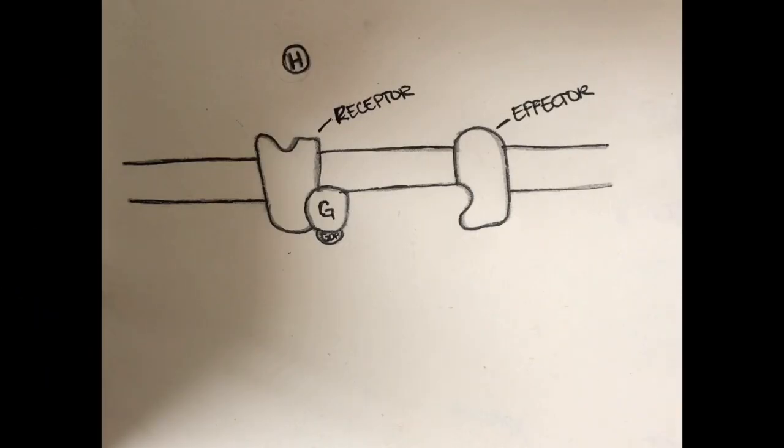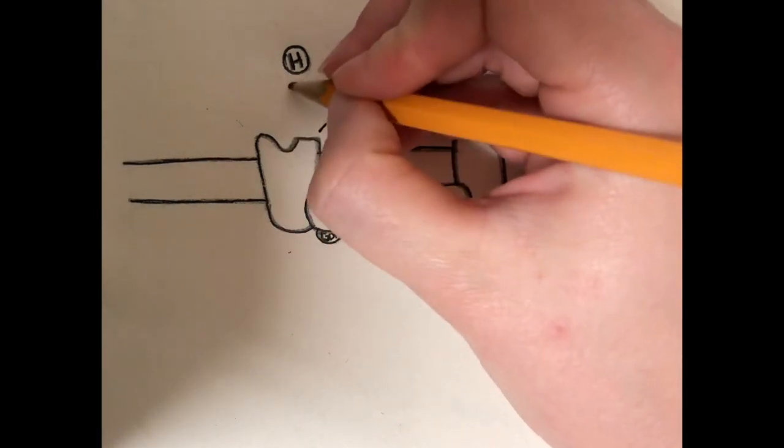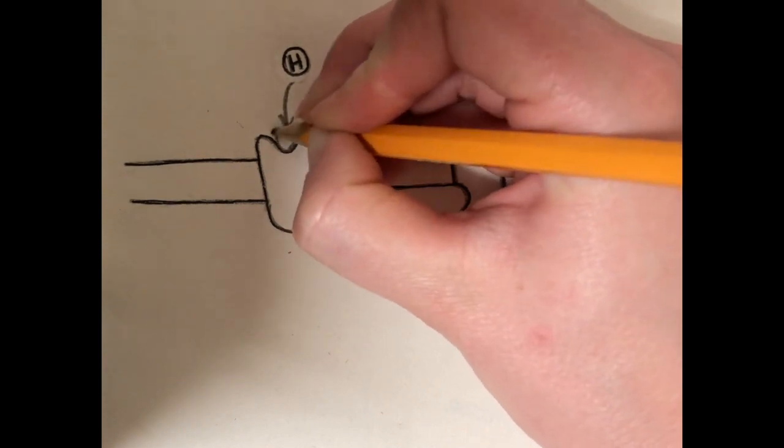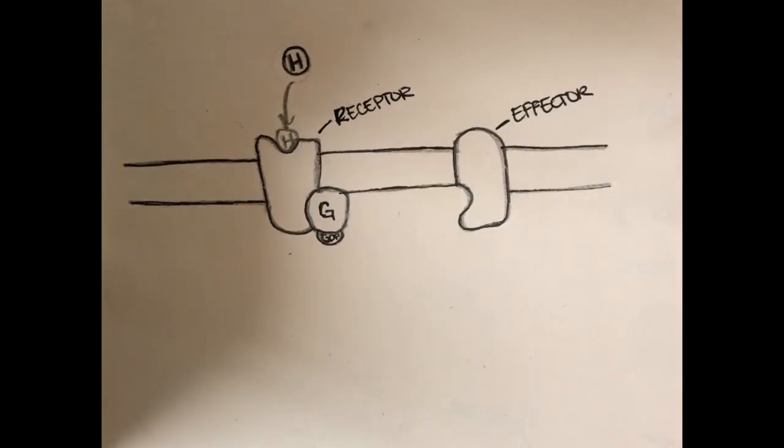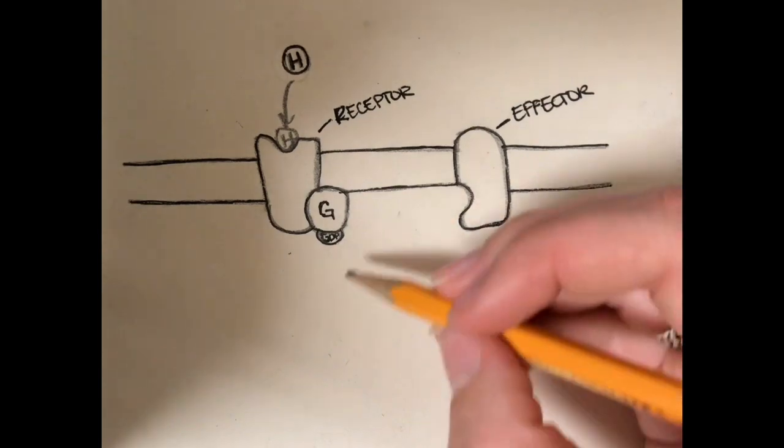Here's an example of the alpha S pathway, which is very similar to the basic pathway as shown previously. First, the hormone binds to the receptor, which then activates the G protein.